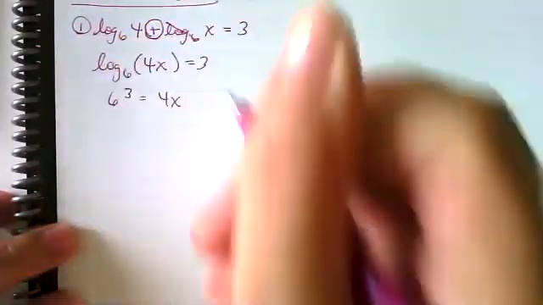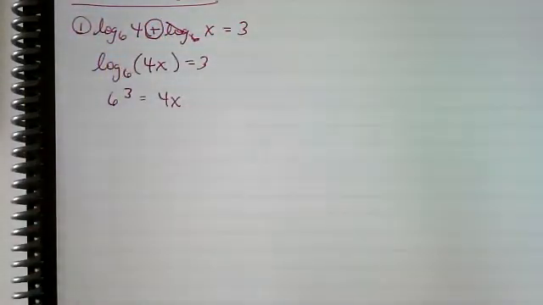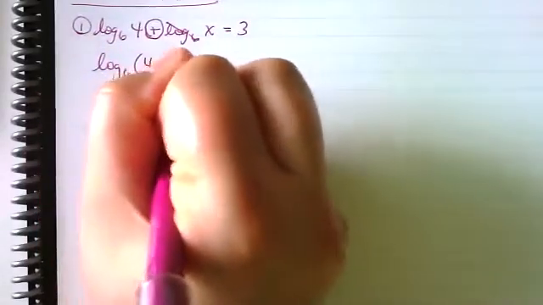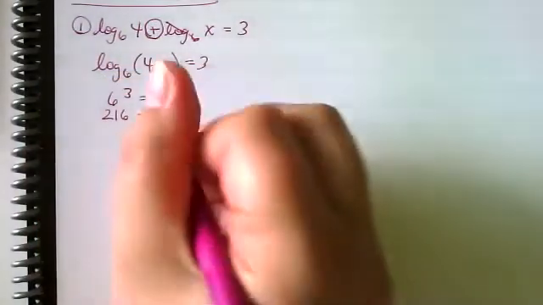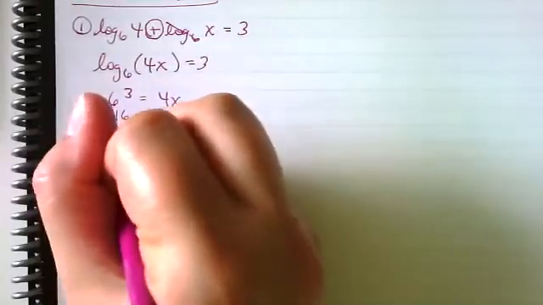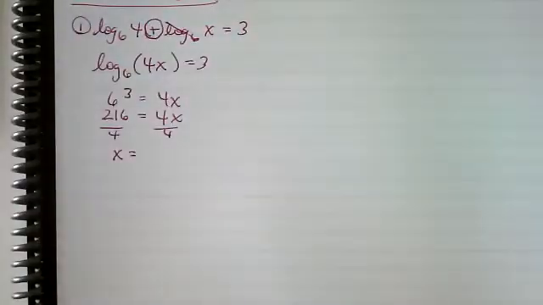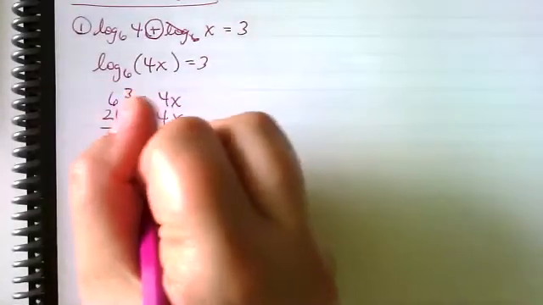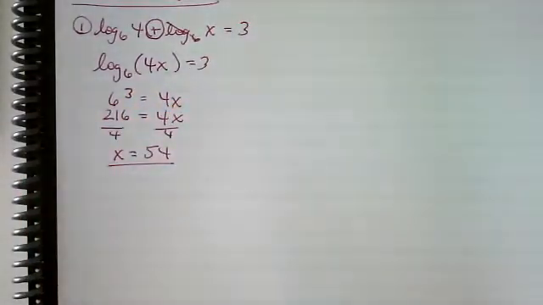So I've got 6 cubed equals 4x. And now I'm just doing 6 cubed in my calculator. So 6 times 6 times 6, and I get 216 equals 4x. And then to solve it, to get x by itself, I'm just dividing by 4. And I get x equals 54. There's my answer right there.